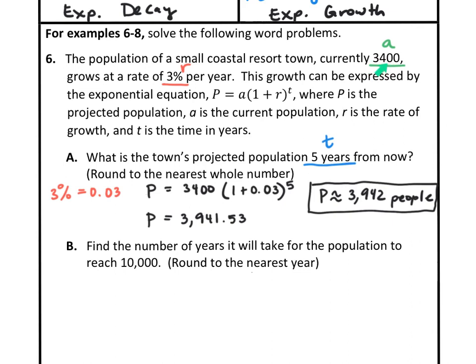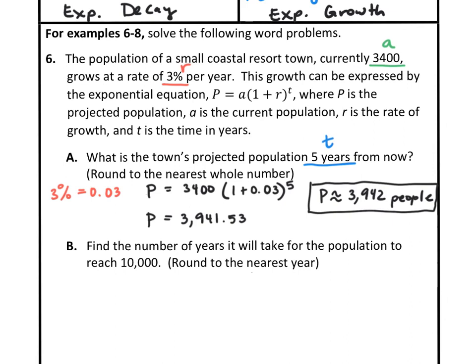So we want to know how many years will it take to grow to 10,000 people. And if we think about it, look at what we did in part A. In 5 years, it grew from 3,400 to 3,900. So think about that. Kind of think of a number of years that you might think that is. But what we're actually going to do is not try and guess, but actually solve.